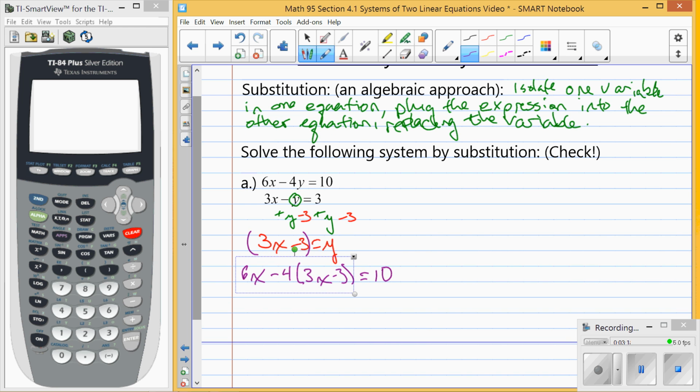At this point, I have an equation with only one variable that I can fairly quickly solve. So this is going to give me 6x minus 12x plus 12 equals 10. Negative 6x, I'm going to subtract the 12 over here, equals negative 2. So x equals 1/3.